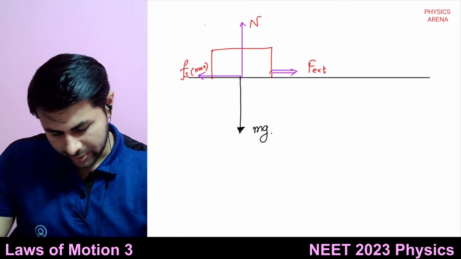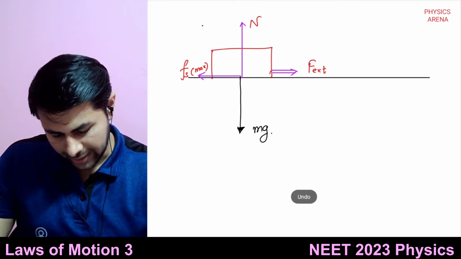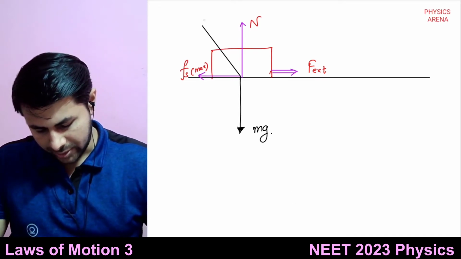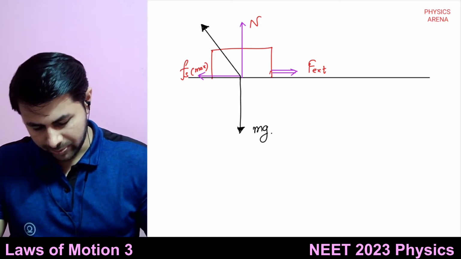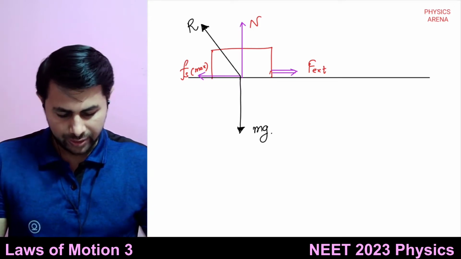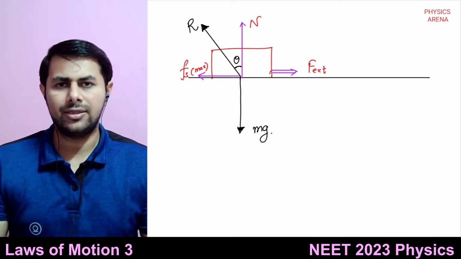So the resultant of these two forces will be like this if we apply the parallelogram law. Let's call it the reaction force R, and this angle theta is known as the angle of friction.